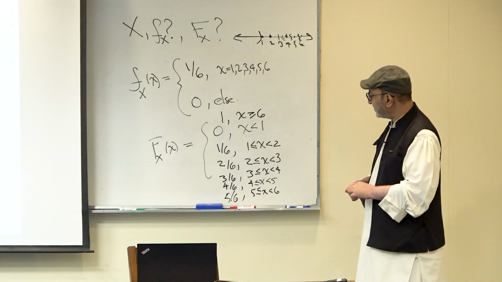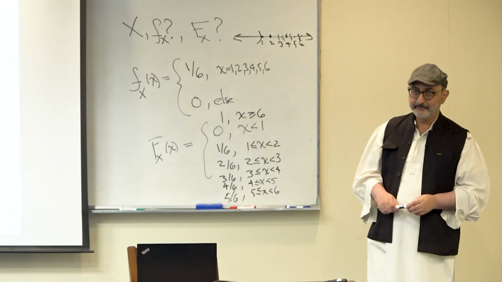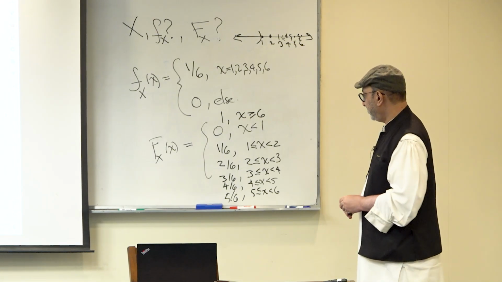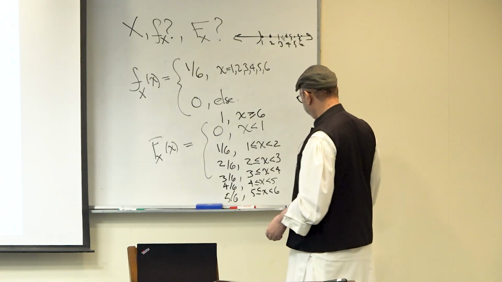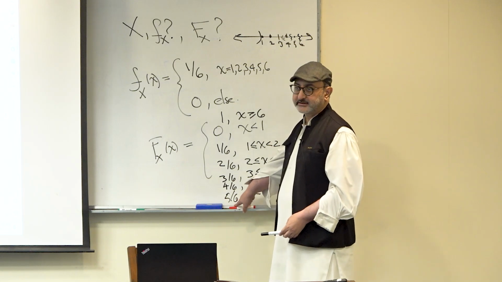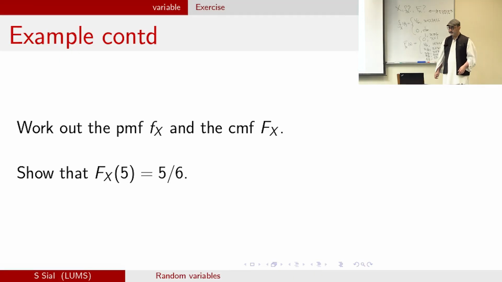And okay, so it's defined now for all of the real numbers. Okay, what's f sub x of 5? So I read down here, f sub x of 5 is 5/6. Is that okay?